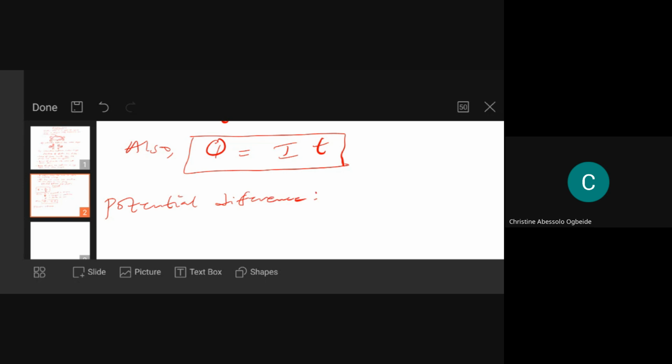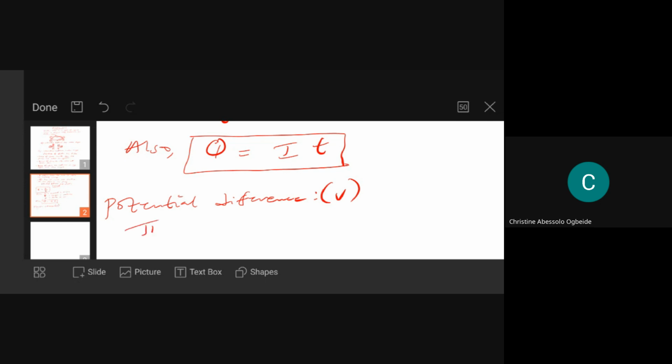The symbol for potential difference is V, capital letter V. Potential difference is simply the work done in bringing a unit charge from one point to another point in an electric circuit.